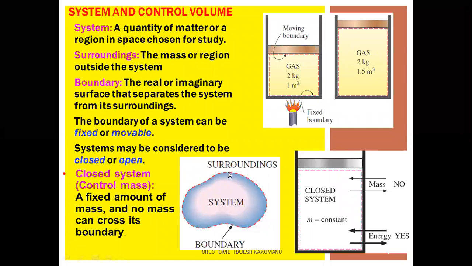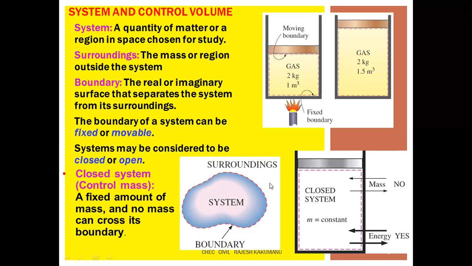So see the figure here. System means an enclosed thing which is surrounded by a boundary, where you have to study some concept. That's nothing but a system: a quantity of matter in a space chosen for some study, from any subject point of view. Then what is outside, we call simply the surroundings.